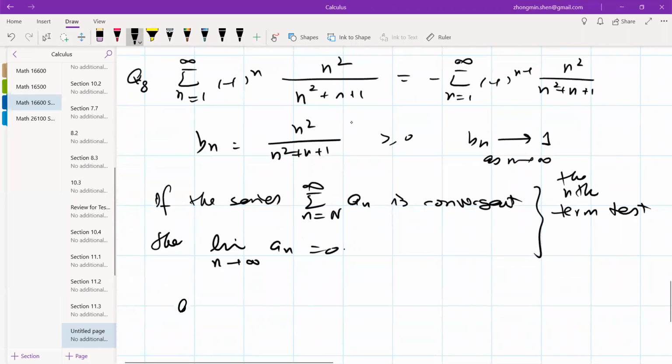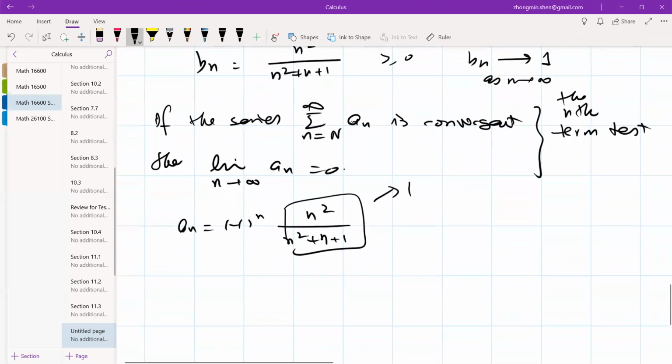So our a_n is going to be negative 1 to the n times n over n squared plus 1. The second factor converges to 1, but it's multiplied by negative 1 to the power n. So the limit of a_n does not exist. Why does it not exist? Because it jumps between negative and positive. It does not approach a fixed number.